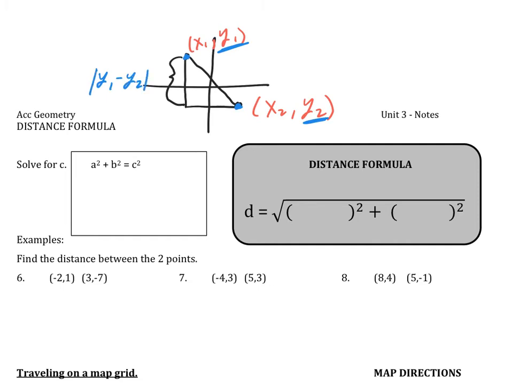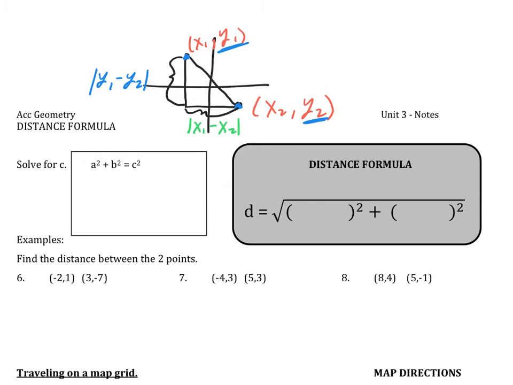Okay. Now this horizontal distance here, that's parallel to our x-axis, is going to be the difference of our x values, absolute value x1 minus x2. Okay, so that's how we're going to find those side lengths.